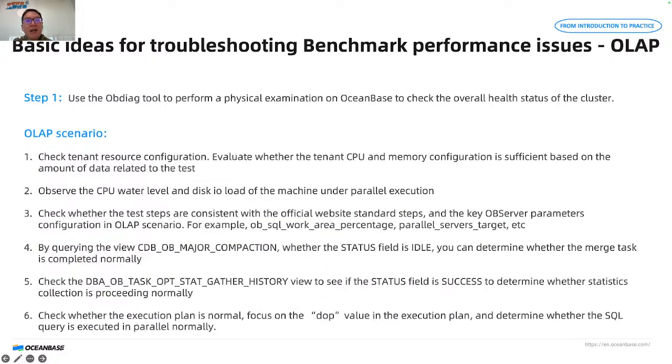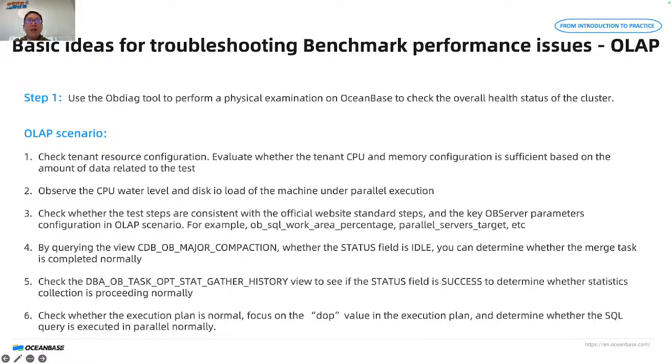Next, let's look at the performance problem analysis in the OLAP scenarios. First, we still recommend using OB-Diag to check the status of our OceanBase. Then, further troubleshoot the problem. The first one is to check tenant resource configurations.